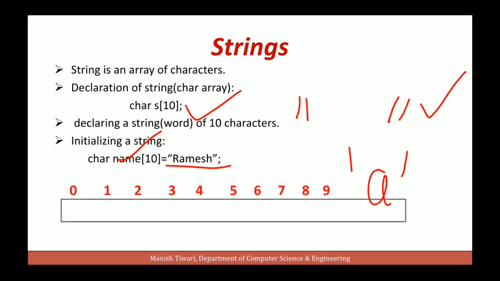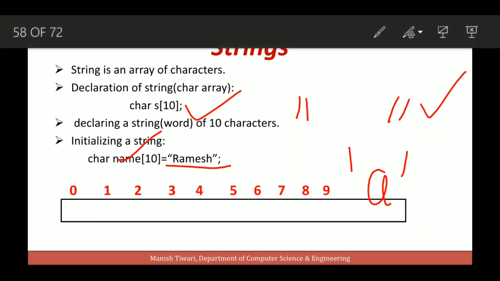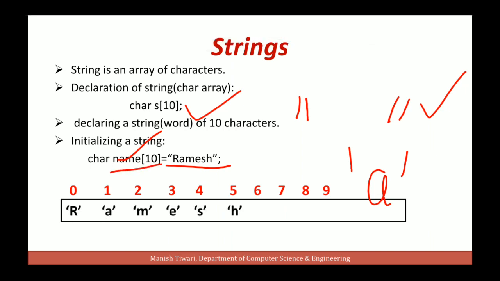So here you can see the real picture. A name, which is a character array, is having size 10. The indexes of the elements of this character array, or you can say the string, will start from 0 and go up to 9, since the size of this string is 10. I have initialized this string name as Ramesh.